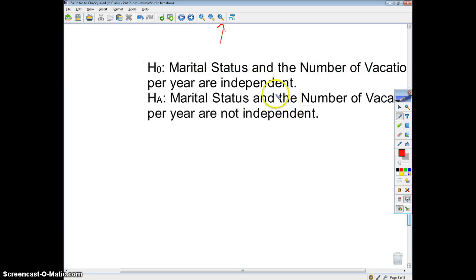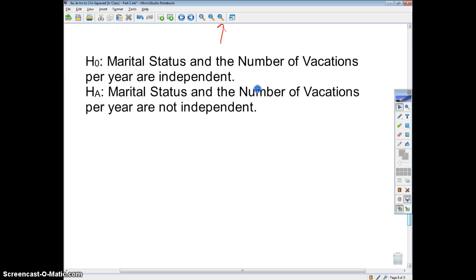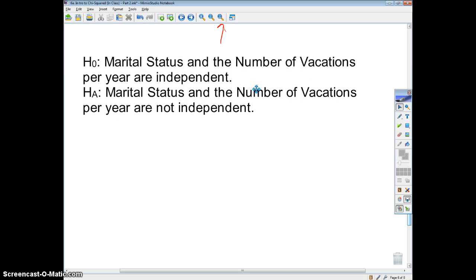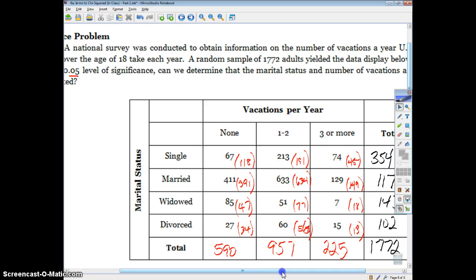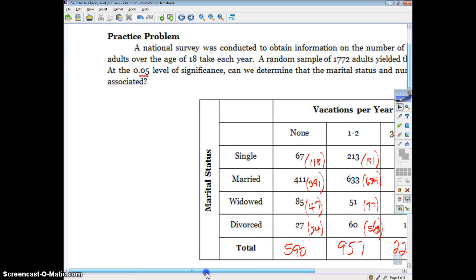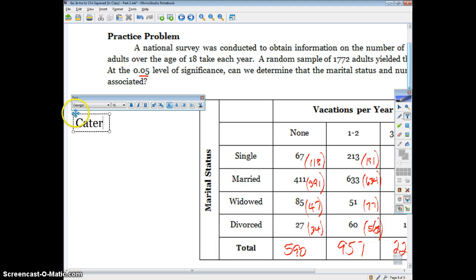All right, so we've got our null and alternative hypotheses. They are independent or they're not. All right, now here's where things get a little bit tricky, but what I'm going to do first is run through the assumptions and conditions. Do we have categorical data? Yes. Again, they either take no vacations, 1 to 2, or 3 or more.